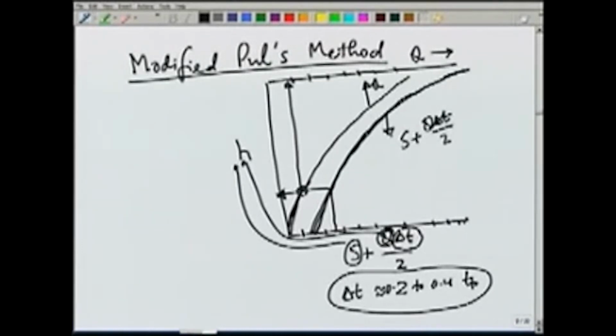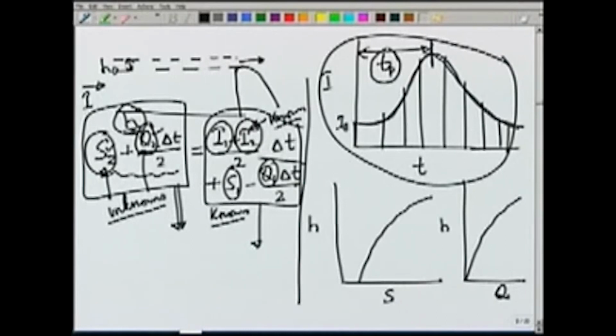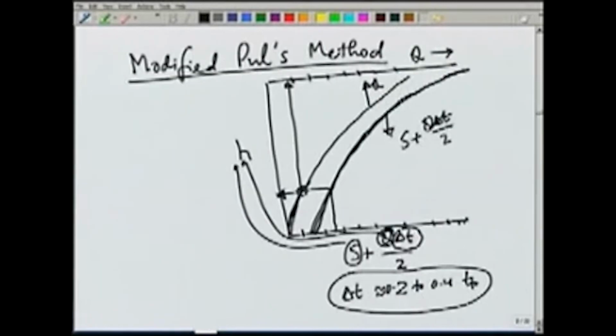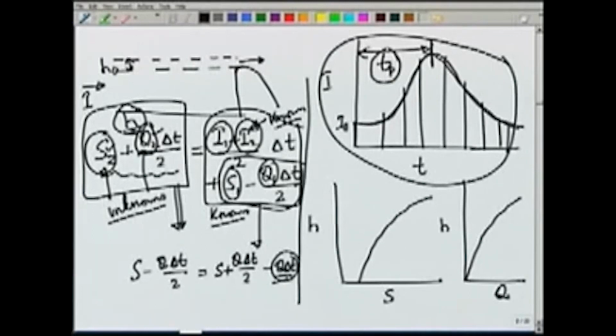So, for the next time step, where we need S minus Q delta t by 2, we can write this in terms of the known variables. Knowing the value of Q from here, we can find Q delta t also at the end of the time step delta t, and since S plus Q delta t by 2 is also known at the end from the graph, we can subtract it and get the value of this variable at the beginning of the next time step.